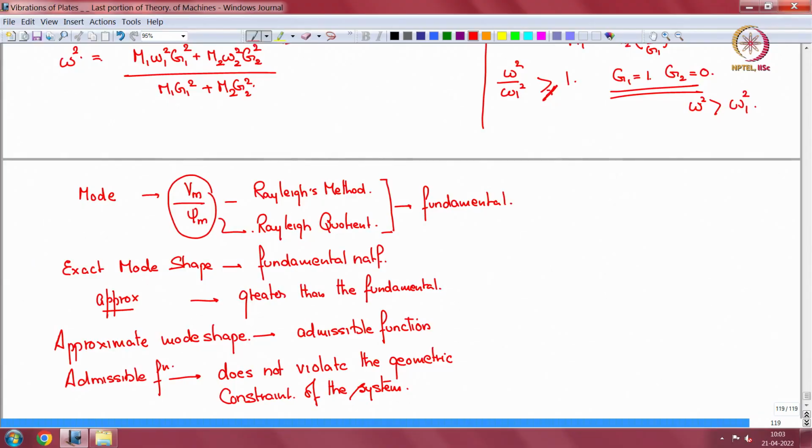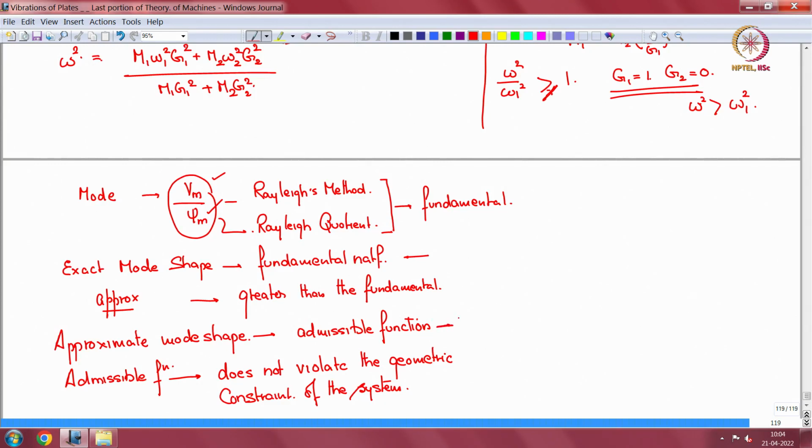If you manage to provide the exact mode shape, you will get exactly the fundamental frequency, whereas if you provide something approximate and substitute it into this Rayleigh quotient, you will get a frequency that is greater than the fundamental. The mode shapes are supposed to be admissible.